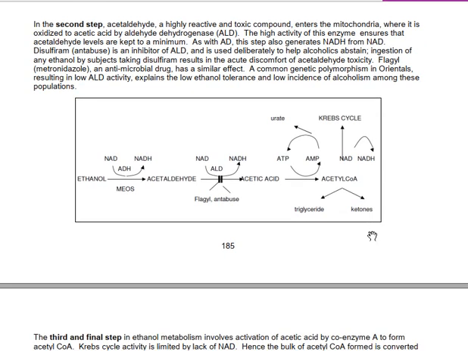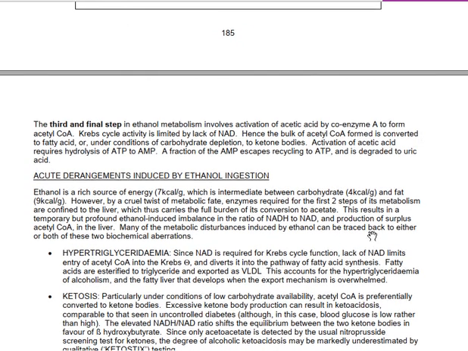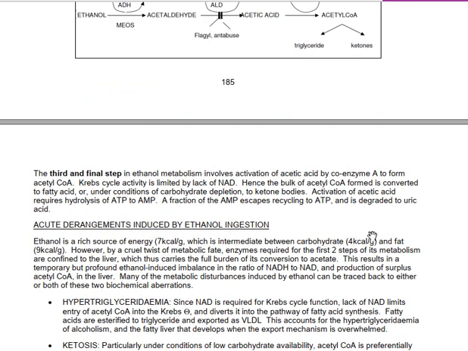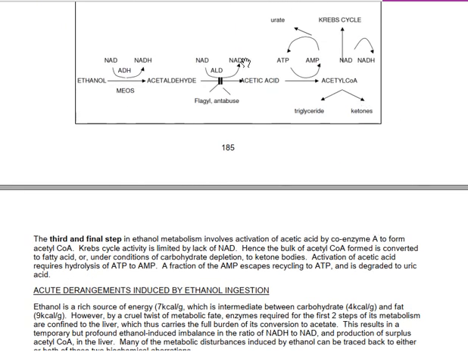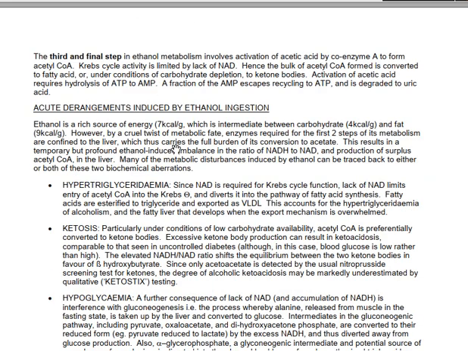This conversion of acetic acid to acetyl-CoA comprises the third step of the metabolism of ethanol.